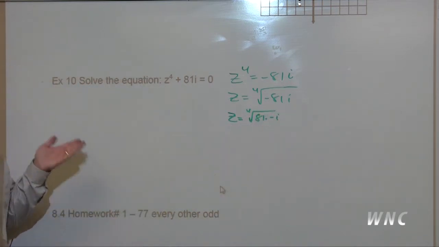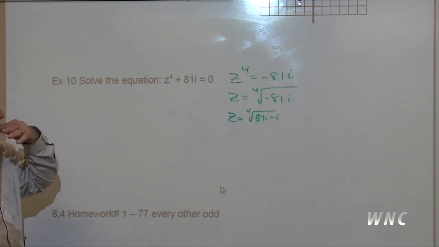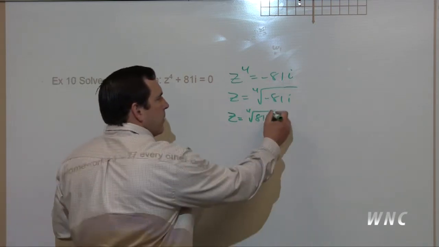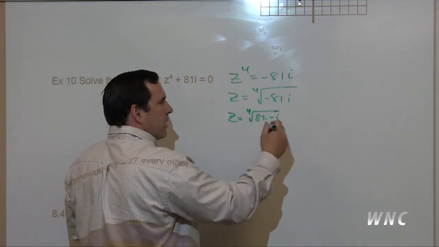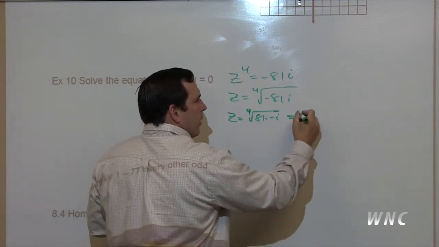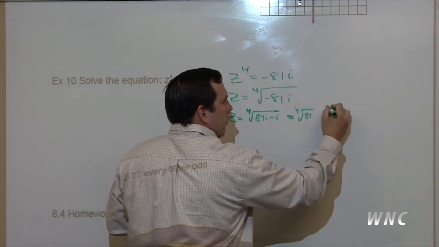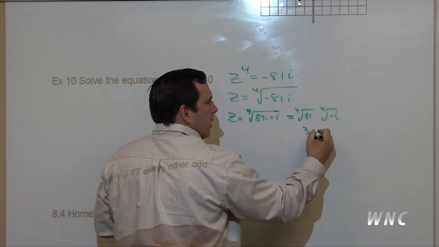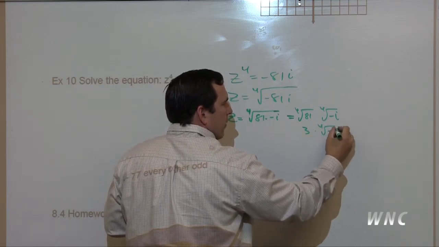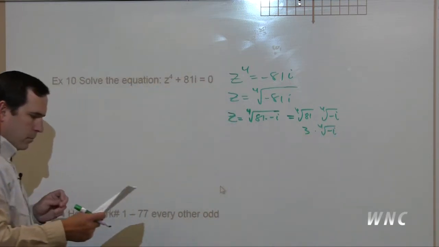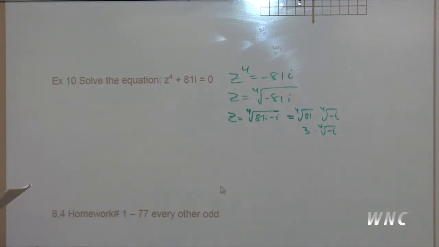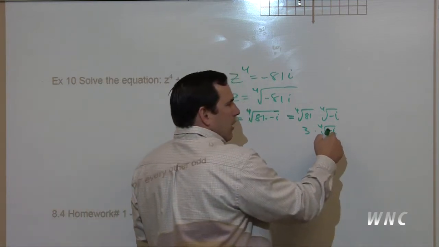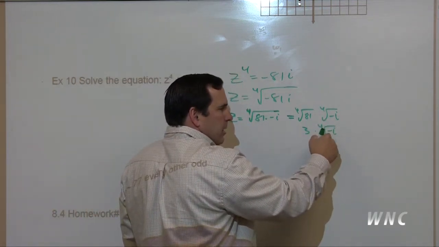Now what's different about this one than the last one, it doesn't feel like we have as much information from which we can proceed here. But we can think about this for a second. Fourth root of 81 times the fourth root of negative i. Fourth root of 81 is 3 times the fourth root of negative i. What I want you to take from this right now, I don't see a real part, I see just the imaginary part.